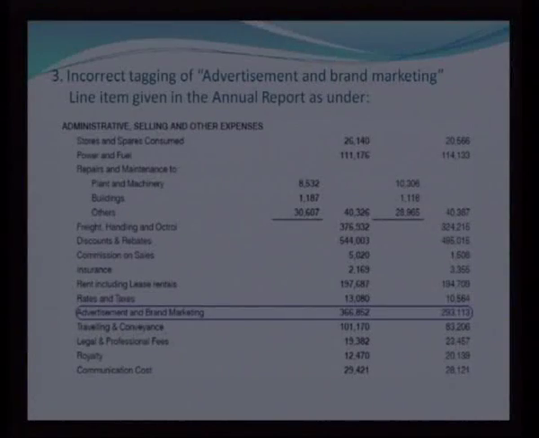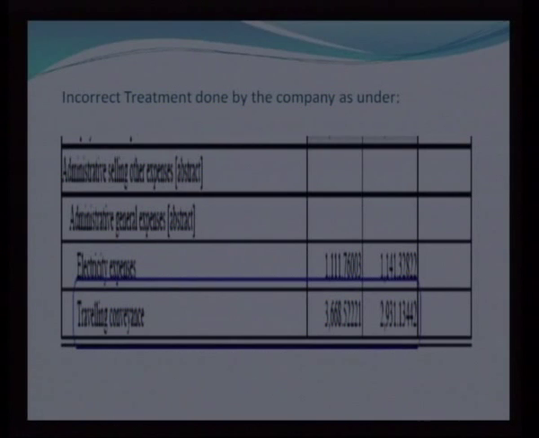Similarly, advertising expenses: here you can see that it has been tagged with traveling and conveyance. There is no reason why it has to be tagged with traveling and conveyance. One more thing you can observe here is that figures are given in lakhs, that is 3668.52221. Only 2 decimal places are available to be given in XBRL tagging.